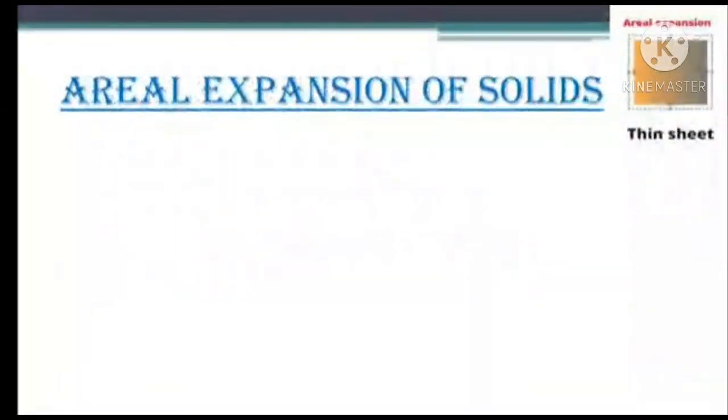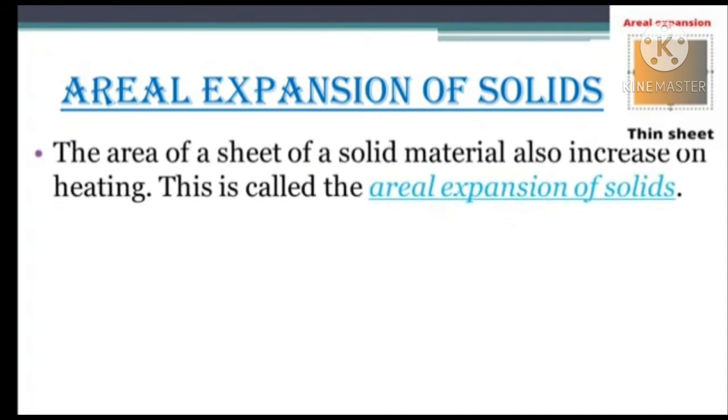So now we are going to learn the areal expansion of solid in a thin sheet. Similar to linear expansion, the area of a thin sheet of a solid material also increases on heating. This is called the areal expansion of solid. That means when we heat the solid sheet, its area will increase.